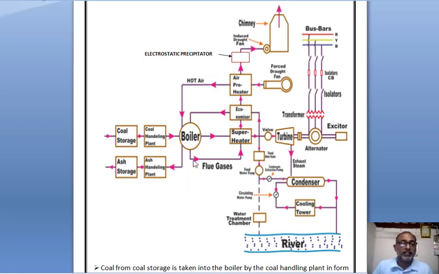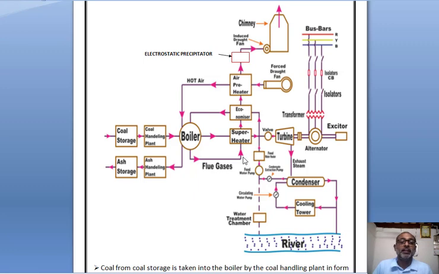Here we can say that the flue gases that come out from this boiler have some temperature or some heat. So whatever heat is present in these flue gases is again taken out.